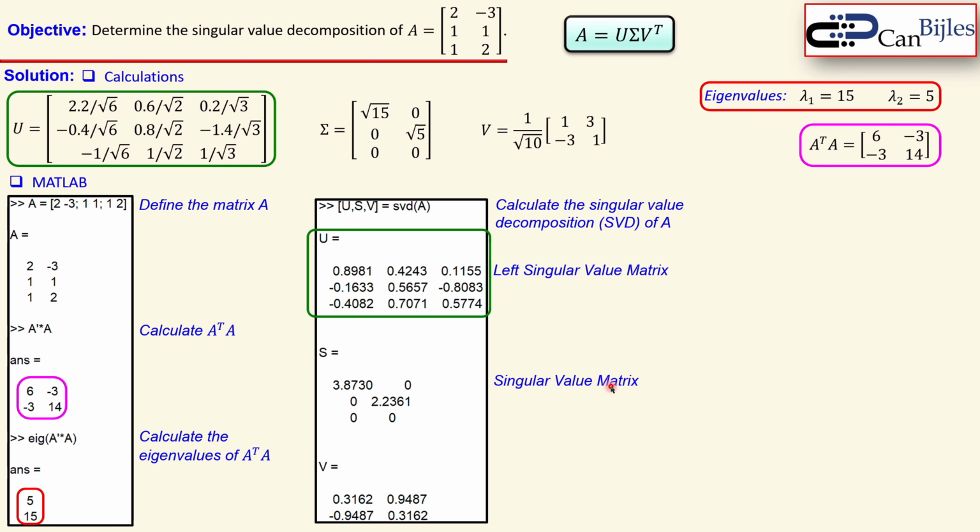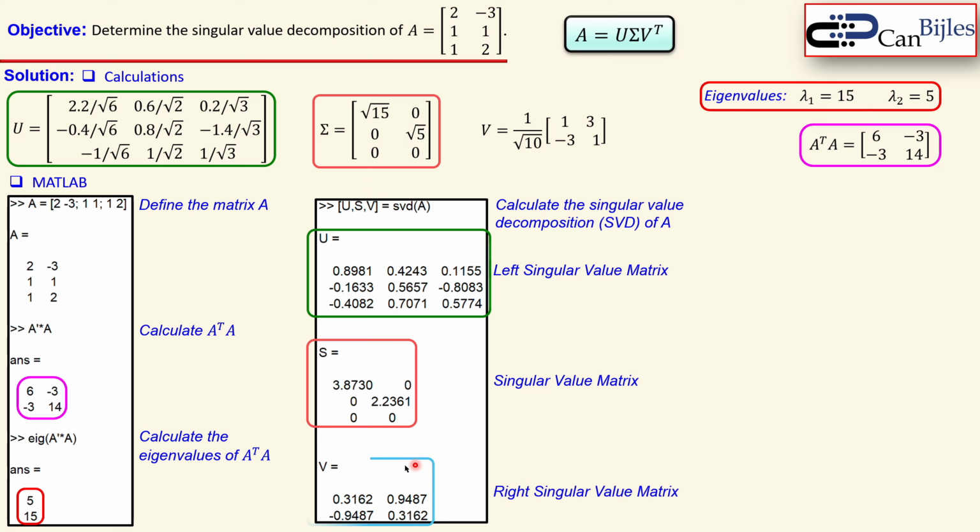Now the singular value matrix, that is S, is shown in red here. So you see here the square root of 15 is here, 0, 0, square root of 5 will be there, 0, 0. Okay. Now the right singular value matrix, which is V, is shown here. So we have 1 over the square root of 10 times 1, that's shown here.